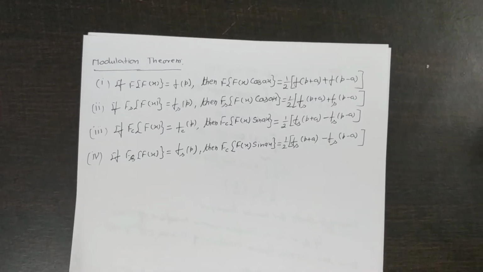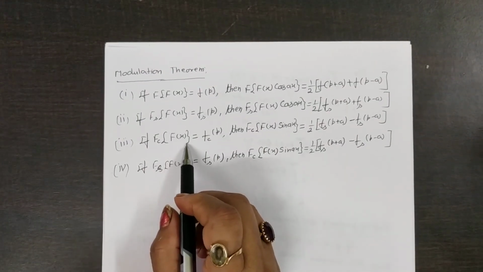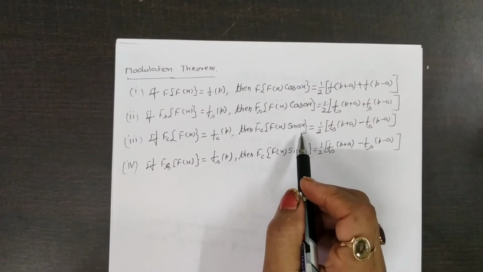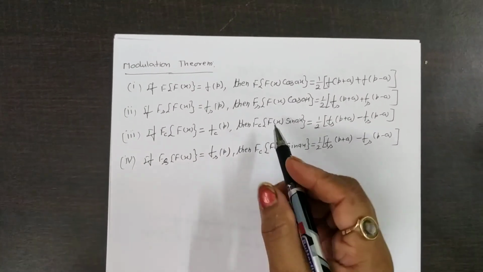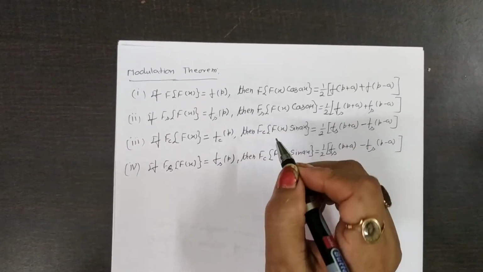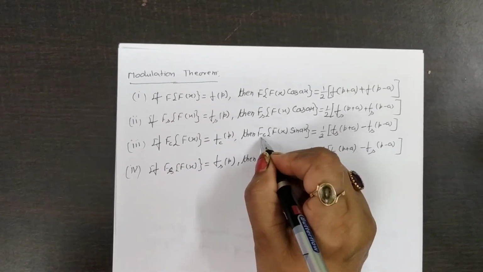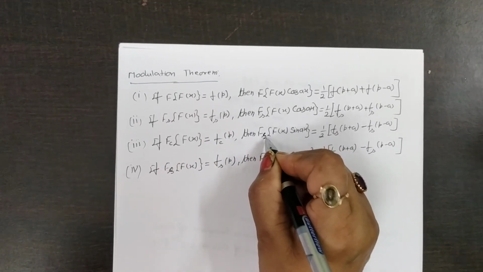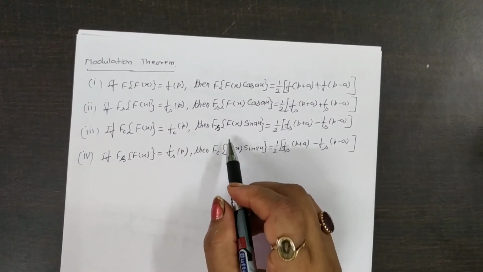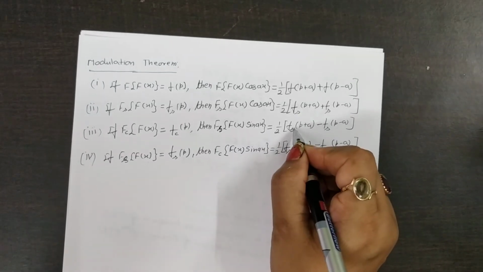But here for the cosine series, if Fc of f(x) is equal to Fc(p), then for sin ax you get the sine series. Similarly for Fs of f(x) sin ax, it is equal to half, and here it becomes c.